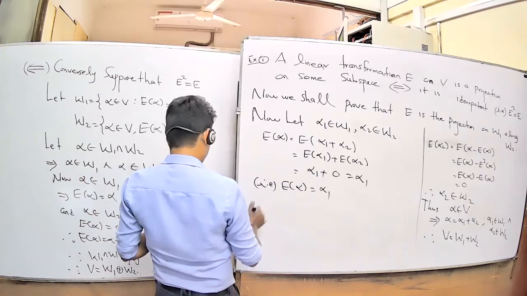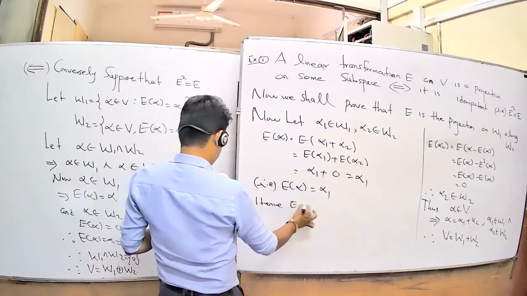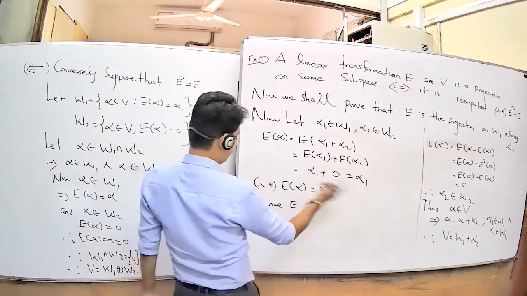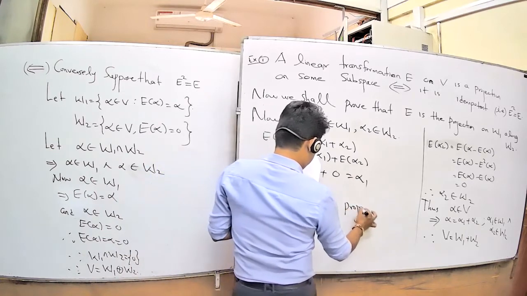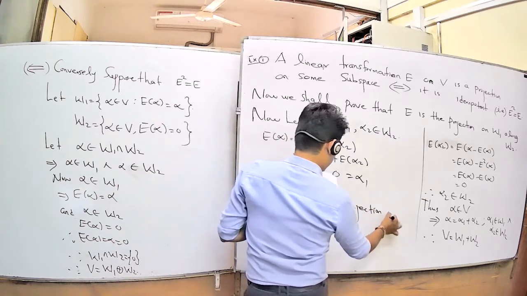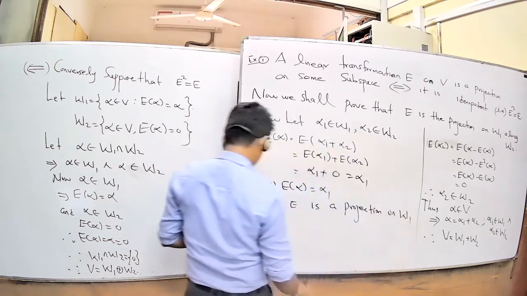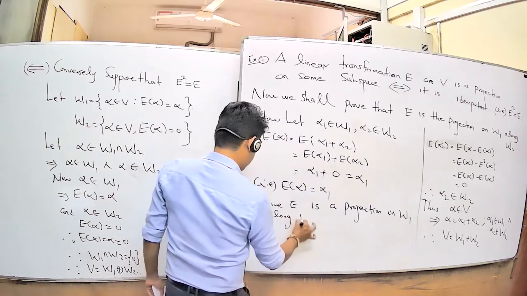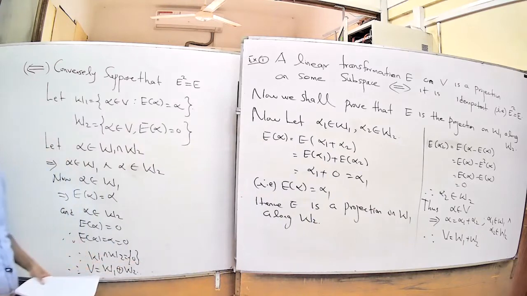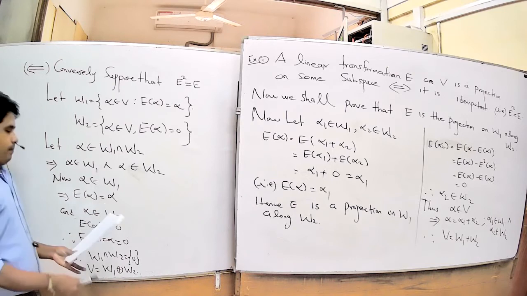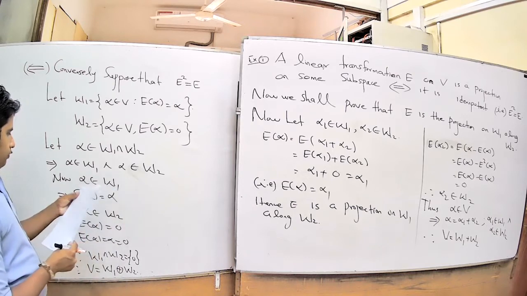Hence, E is the projection on W1 along W2.